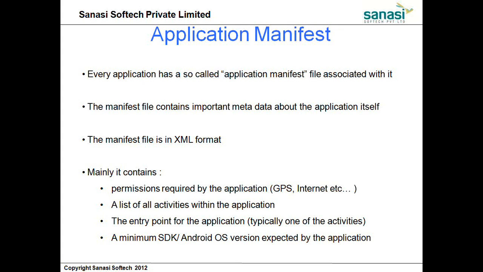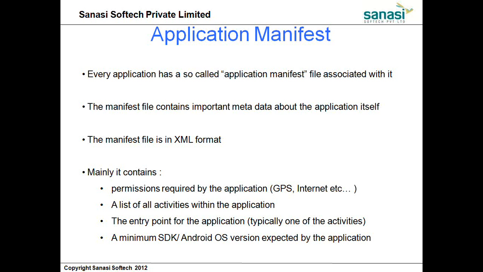The next concept that we need to understand is the application manifest. So what exactly is the application manifest? Every application has a so-called manifest file associated with it, and inside the manifest file is a lot of important metadata about the application itself.